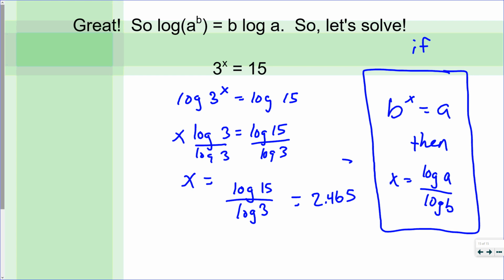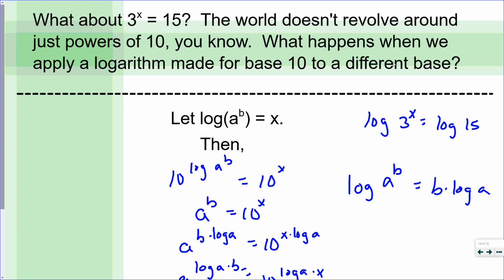Okay, and so that's what we're going to use to solve all these logarithm problems. All right, let's give it a try. Let's just pick a couple to solve. I'm just going to write a couple things and let's see what we can do.